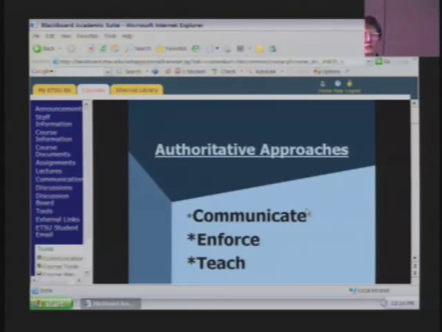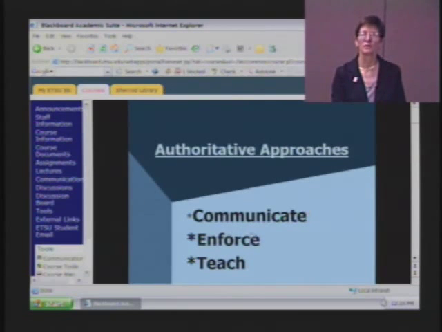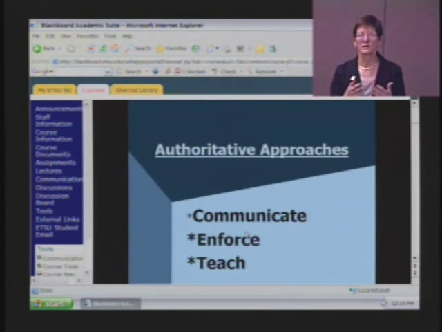You also communicate them to school personnel. You enforce them, and then you use the order and the time that is created within this orderly system to teach. So this is an approach that is focused on creating the time and the orderly environment for teaching and learning.